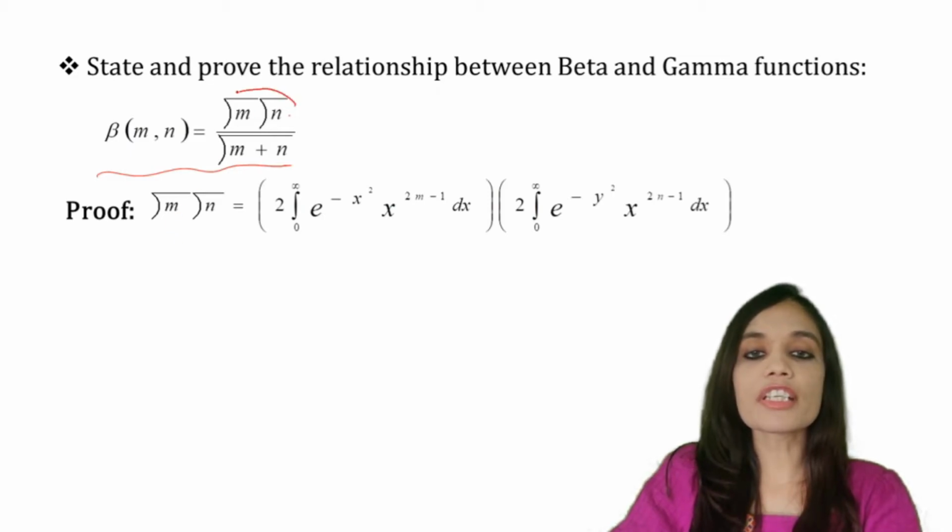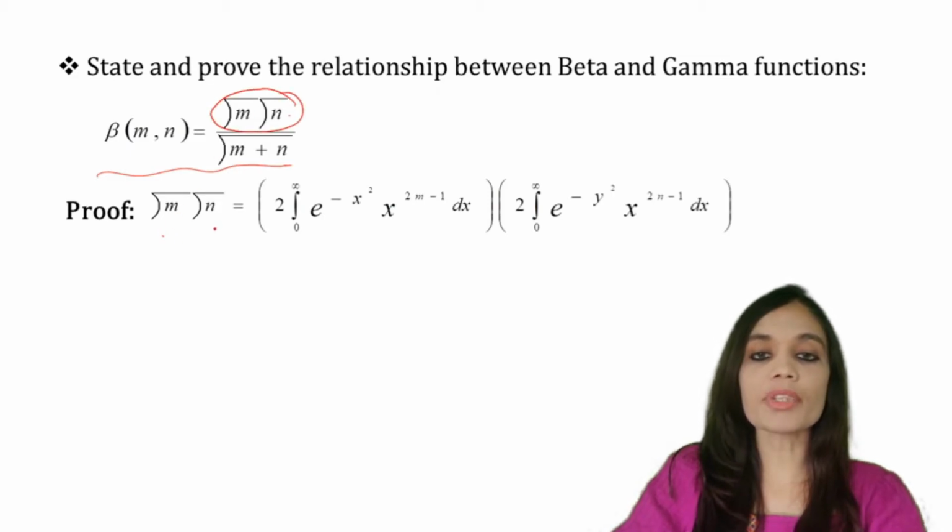We'll begin with this part, that is gamma m into gamma n. Now we know the formula of gamma function, that is 2 times integration 0 to infinity e raised to minus x square x raised to 2m minus 1 dx. Because here we have m, so here too we will put m.